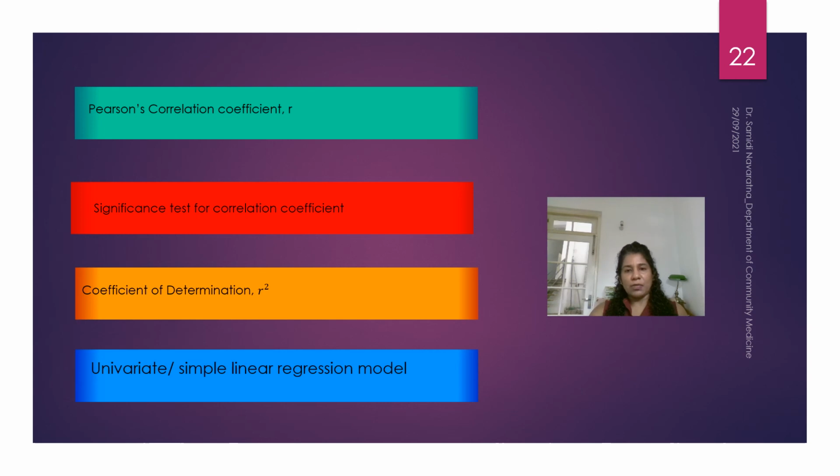Now, mind you, what I want to tell you here as the final message is that whatever you learned in this lecture, the calculations and tests, and whatever you learned in the previous lectures, particularly the inferential statistics lecture series and the categorical data analysis lecture on the chi-square test, you don't have to do all those calculations manually, particularly when you are engaged in research in future, because you have many statistical software packages that can do the job for you quite efficiently and easily.